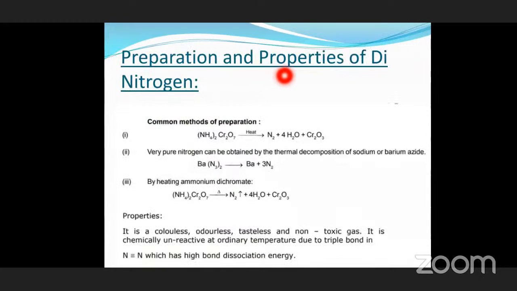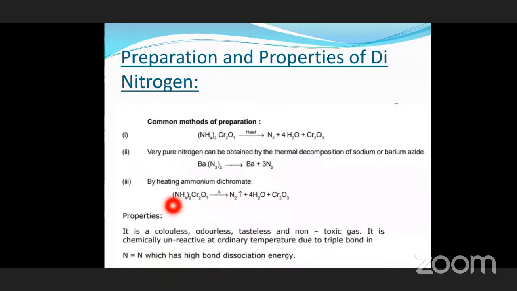Okay, then preparation and properties of dinitrogen. Here NH4 taken twice Cr2O7 itself is heated. We get nitrogen as well as water and Cr2O3. That means by using (NH4)2Cr2O7, we prepare nitrogen. Then here Ba(N3)2 gives Ba plus, and in this reaction also we get dinitrogen.